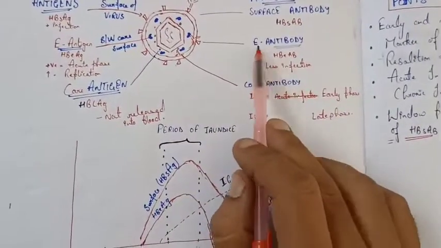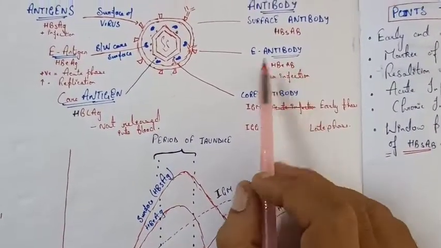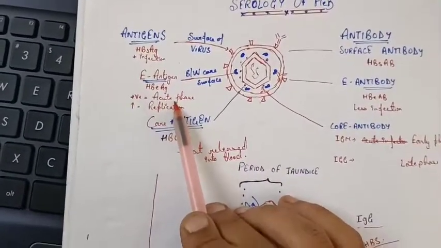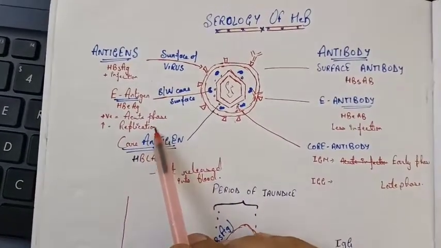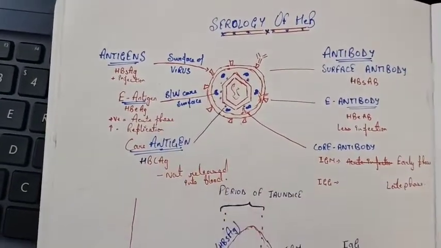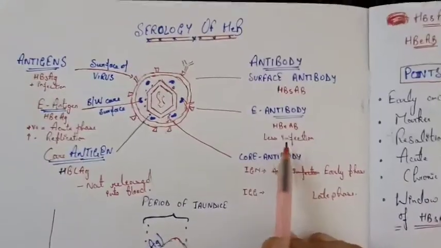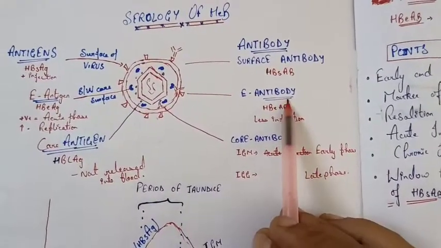Number two, E antibody. What does E antibody indicate? As I told you, E antigen is the marker of acute infection and it is the marker that the replication of virus is taking place very fast. In response to this, our immune system acts and produces hepatitis B E antibody.